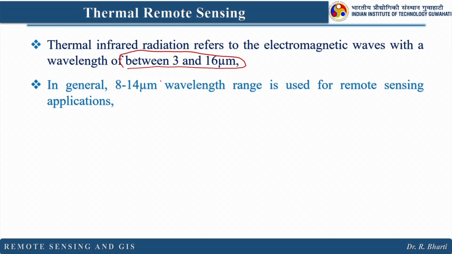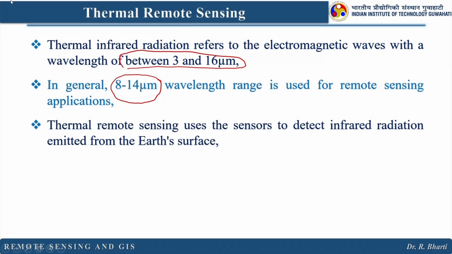Why so? Because in 8 to 14 micrometer you have good atmospheric transmission. Do you remember that atmospheric window slide, my second slide of this lecture? There I have explained why this 8 to 14 micrometer wavelength range is preferred, because of the high atmospheric transmission.